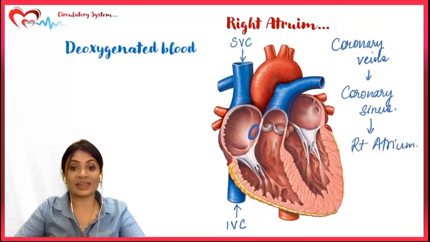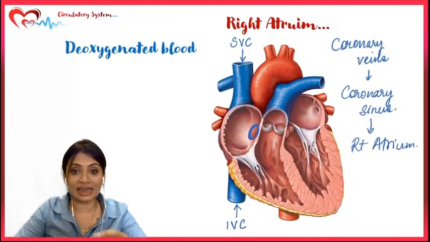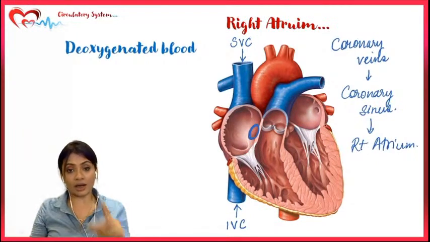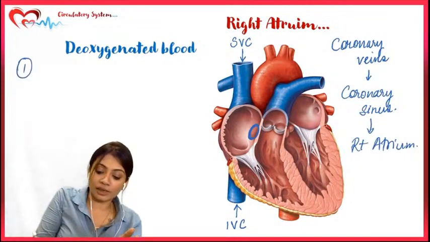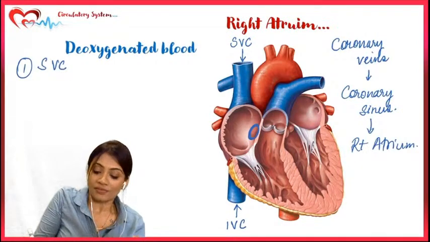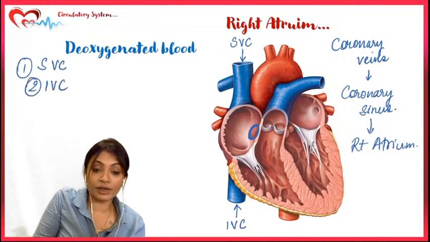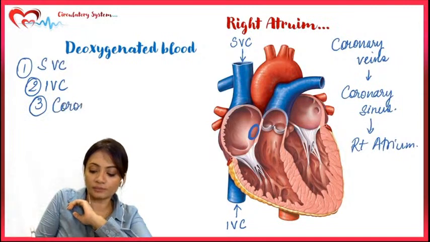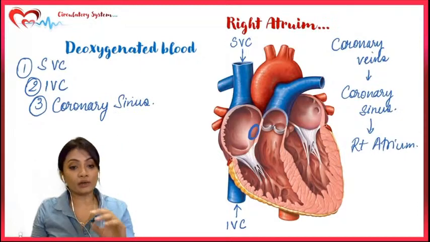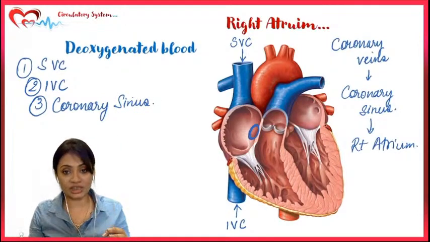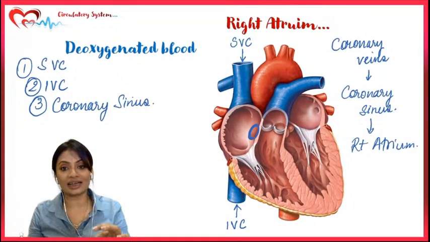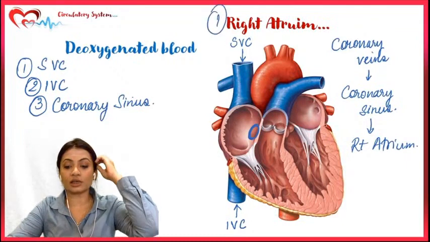So we see here that the structures opening into the right atrium in order to take the deoxygenated blood from the whole body are three structures. The first structure being the superior vena cava, okay. The second structure being the inferior vena cava, alright, and the third structure being the coronary sinus. Okay, so here we have three structures which are responsible for bringing all that deoxygenated blood into the right atrium. Alright, so that was our first, the right atrium.